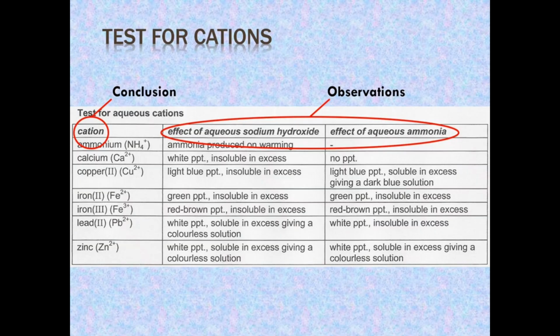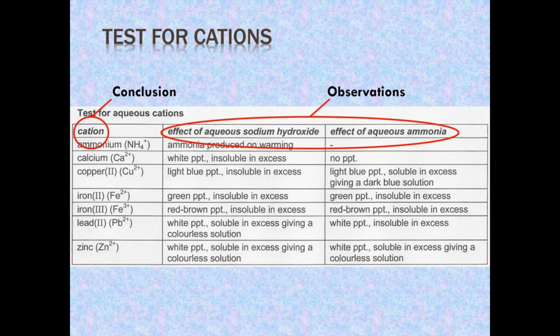Okay, so these are just conclusions for different cations. For the ammonium, if you just add sodium hydroxide, it won't give you much effect, because ammonium dissociates to give you ammonia, because ammonium is usually unstable, so it doesn't stay put.